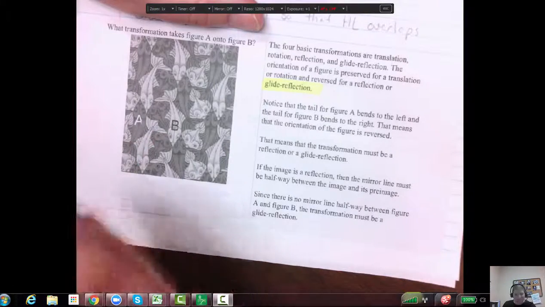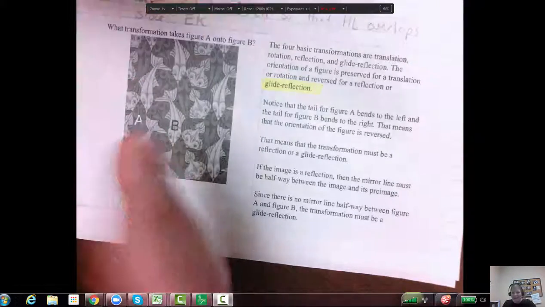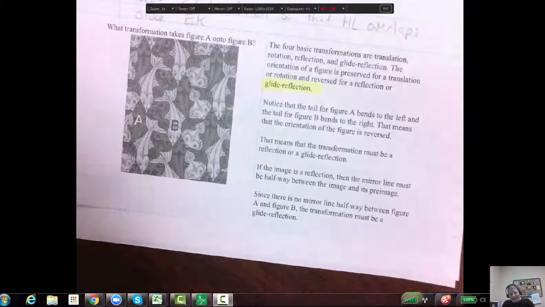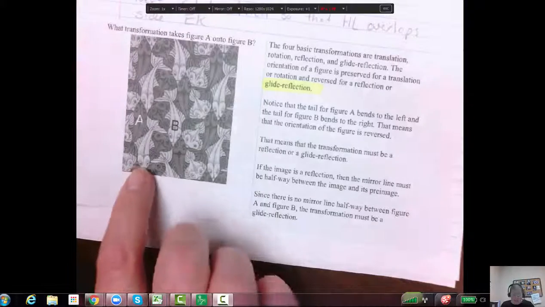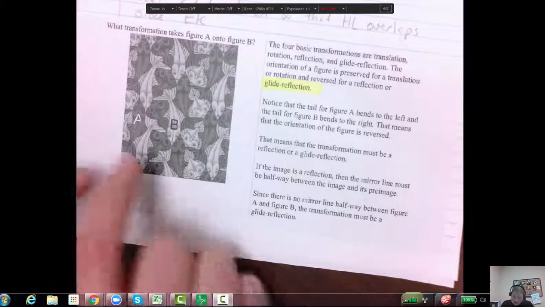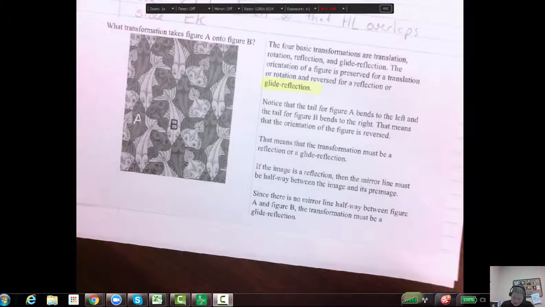But the reflection isn't exact. I can't find a line where it would line up on itself. So it would have to be a glide reflection. So that's why I wanted to show you. So going from A to B is a glide reflection. And let me look at another one. I was trying to find a pair.